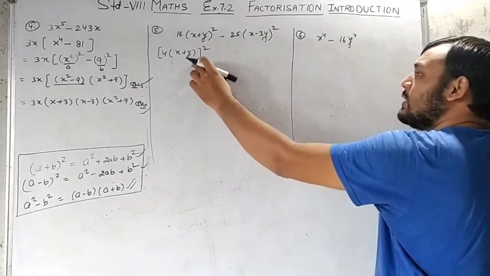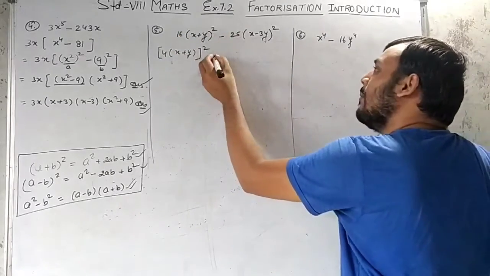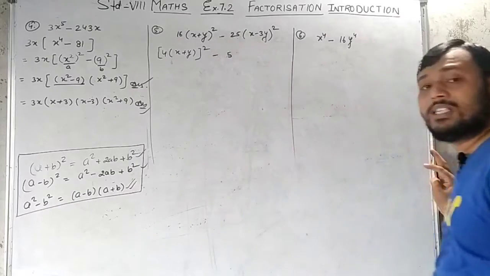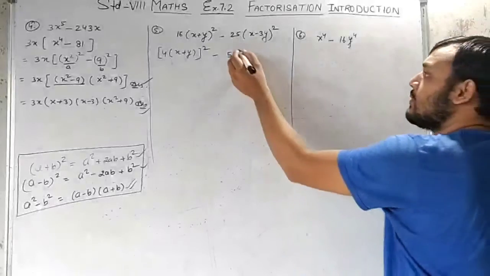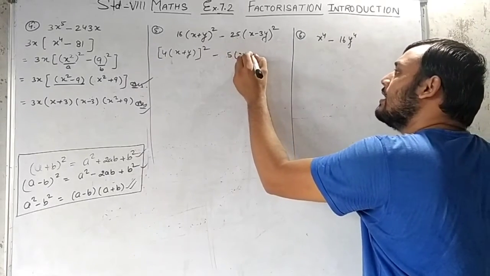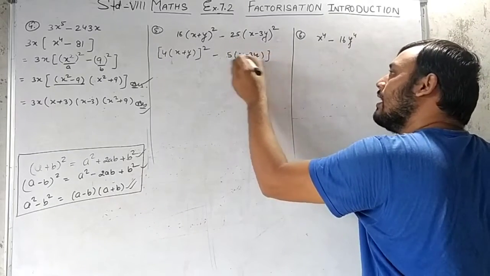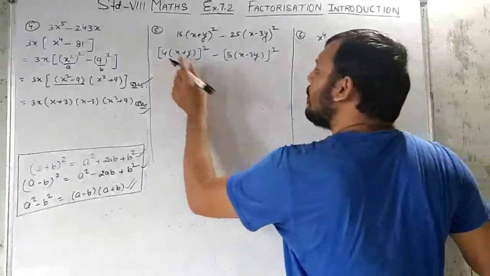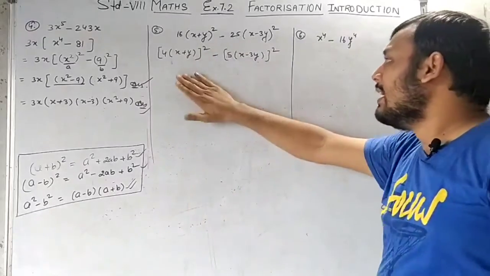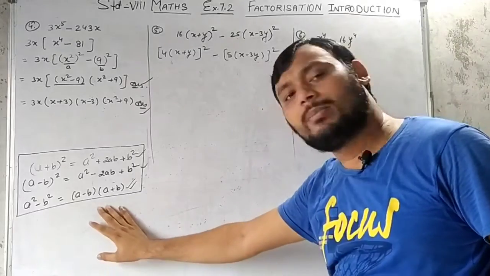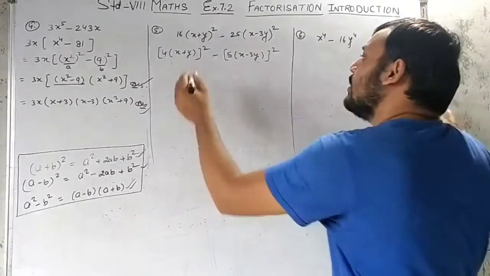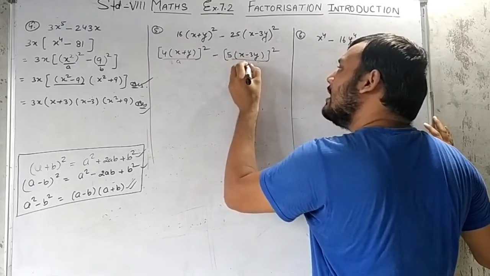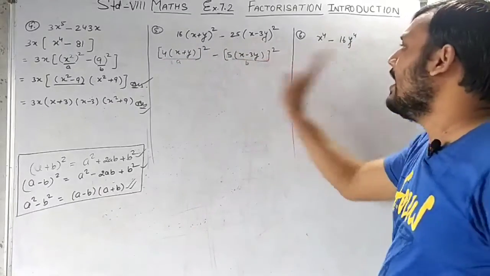So 4 into x plus y whole square, minus this 25, which is the square of 5, into x minus 3y, and again you put whole square. Now this particular question is matching with identity number 3. So this whole part is A and this whole part is B.